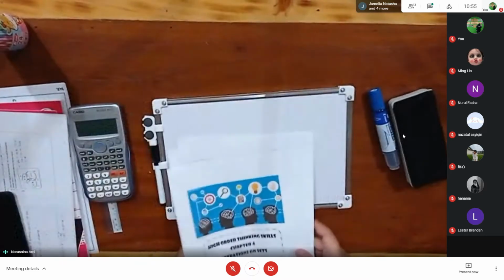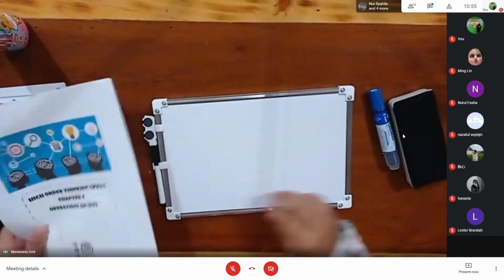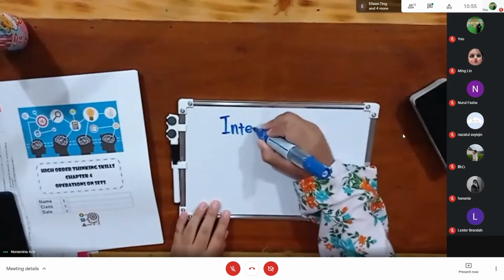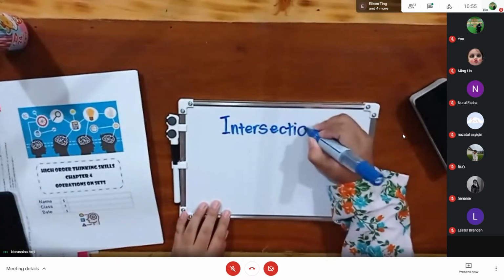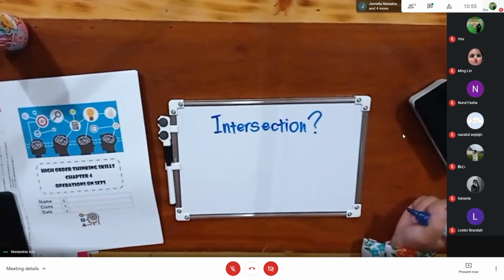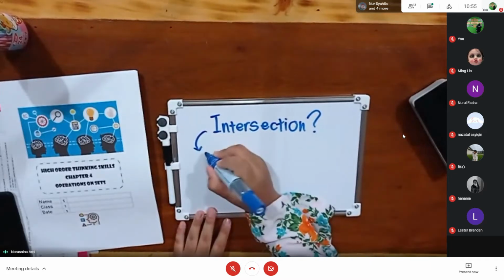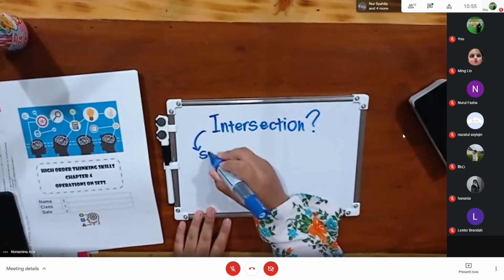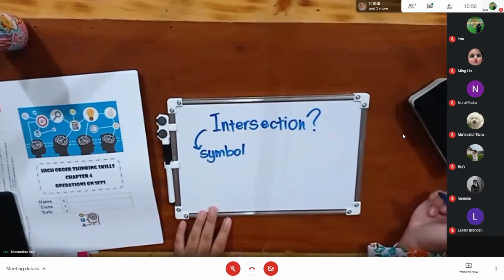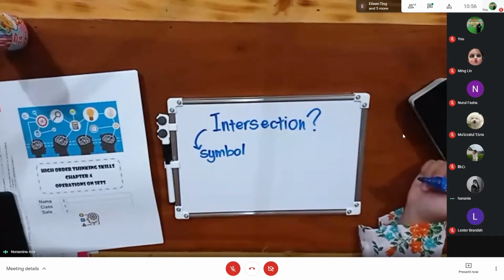Can you still remember what is intersection before we start? What is intersection? What is the symbol of the intersection? Is it N or is it U for the intersection?